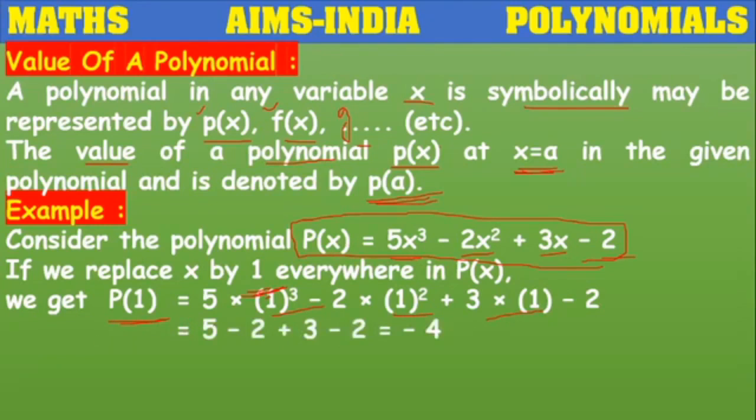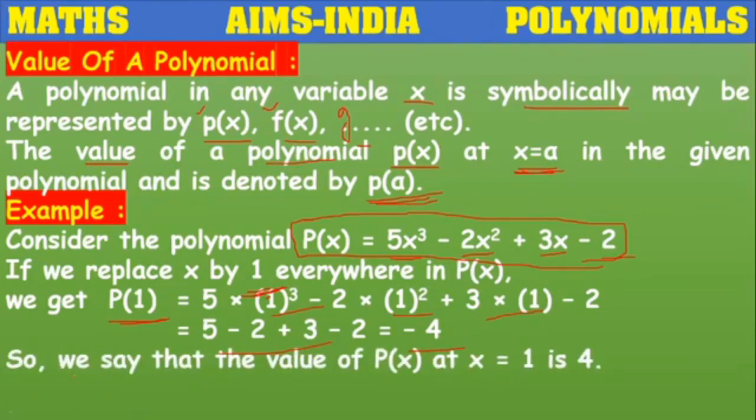So 1 cubed means 1 only, 1 into 5, 5. Then 2 into 1, 2, 3 into 1, 3, minus 2. After simplification, the value is minus 4. So we say that the value of the given polynomial at variable x equal to 1 is minus 4.